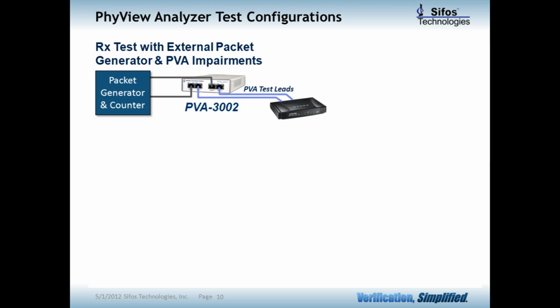Each PhyView analyzer test port can be combined with an external packet analyzer to perform more sophisticated packet metric measurements that include many of the controlled channel impairment capabilities of the PhyView analyzer. This further extends its already robust receiver testing capabilities.